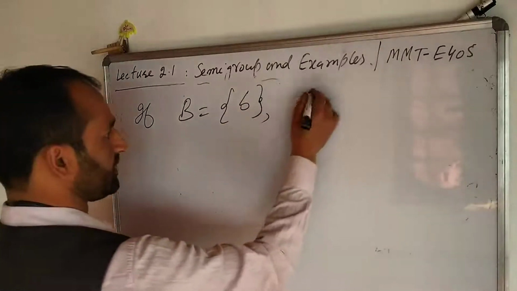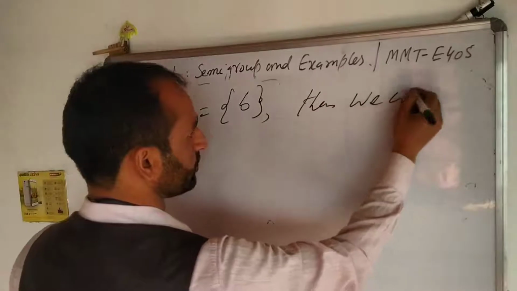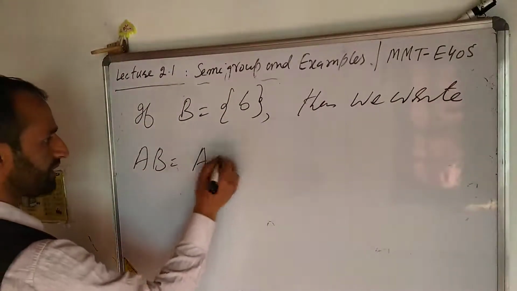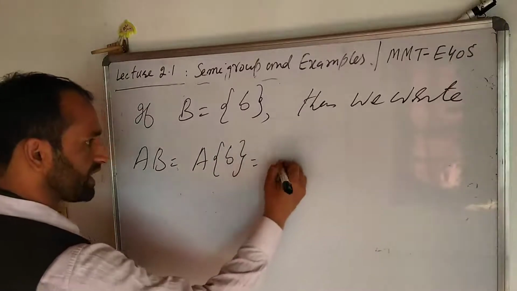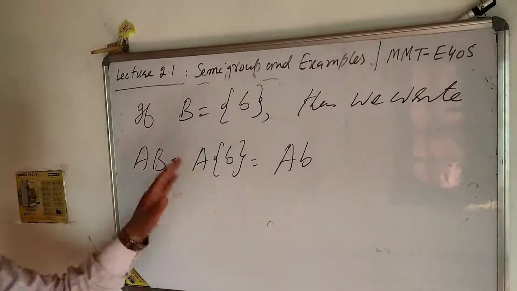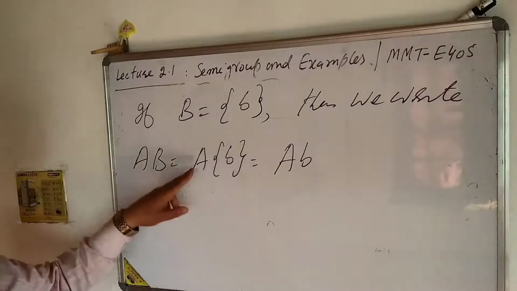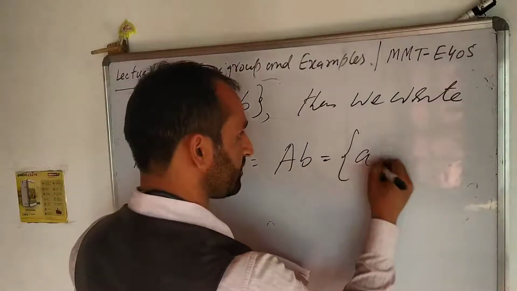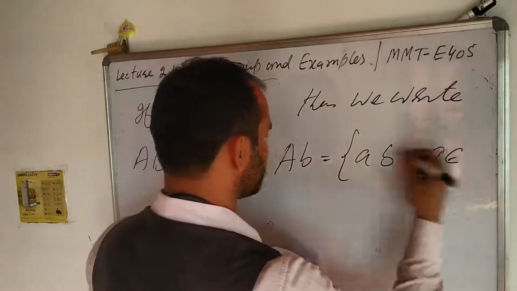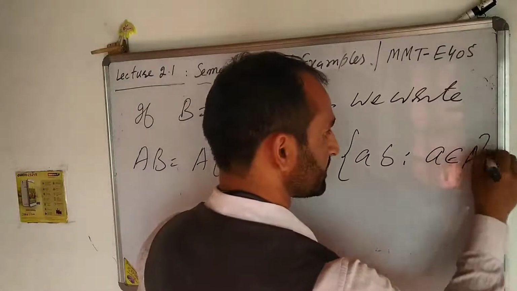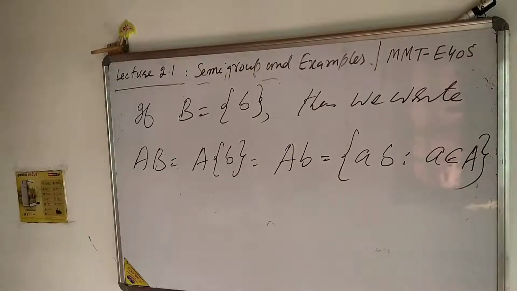Then we write AB, which is equal to A times the singleton {b}, and this we write as just Ab. So Ab means the product of two subsets of a semigroup S, one is A, the second is the singleton set {b}. It is the set of ab for a in A, because b is fixed.